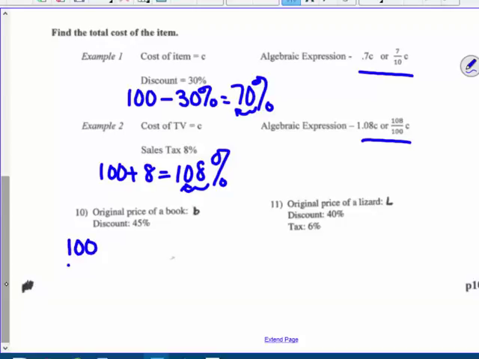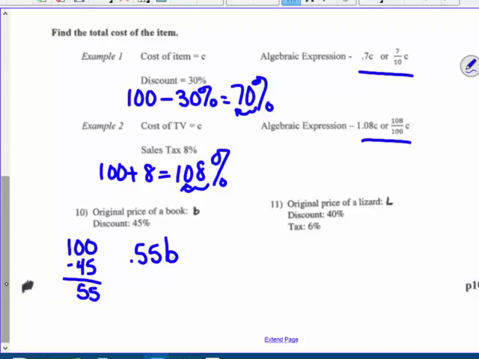Well, 100 minus 45, I'm going to pay 55%. And changing that to a decimal, it would be 55/100ths times the cost of the book B, or 55 over 100 B.